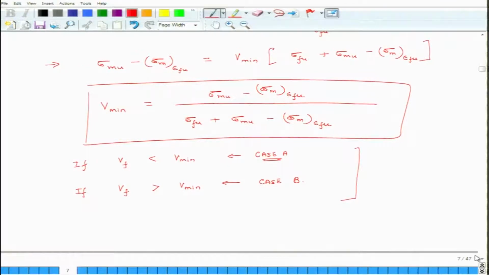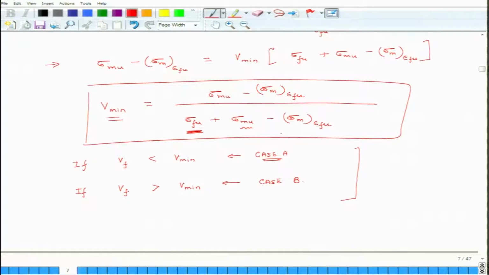Now, it will be worthwhile to spend a minute or two to understand how small this value V min is. If you look at the denominator, you have the ultimate strength of the fiber, and in the numerator you have the ultimate strength of the matrix material, and you are adding sigma mu and subtracting sigma m epsilon Fu.